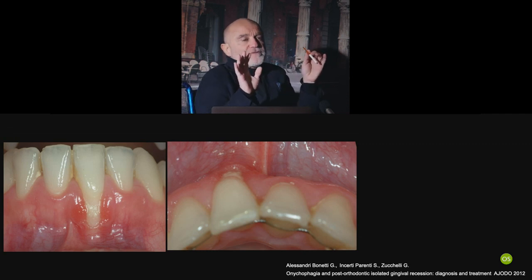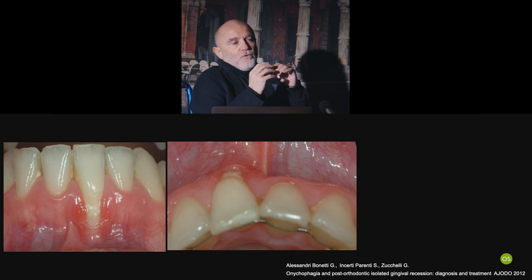At the end of the orthodontic therapy, all incisors were in the right position. They were splinted lingually with the wire, round wire, and for years, nothing happened.